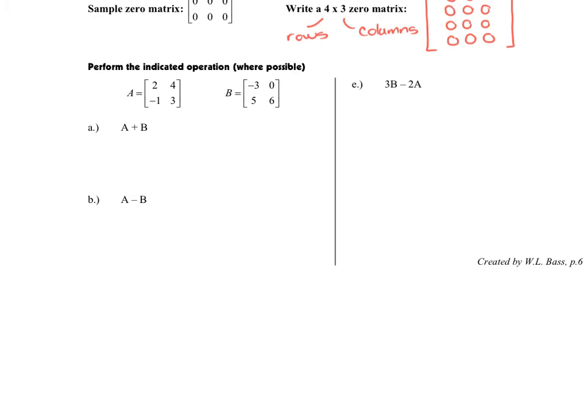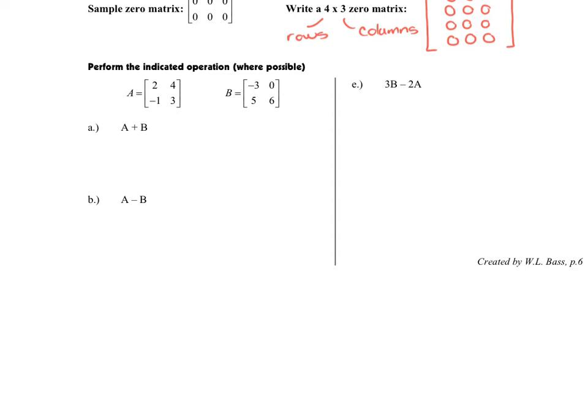The important thing to know when we are adding and subtracting our matrices is that they need to have the exact same dimensions, the exact same order. So this is a 2 by 2 and this is a 2 by 2, so we could add those. Adding matrices is really simple. All we have to do is add each of the corresponding values. So for example, if I want to do A plus B, I'm going to add a 2 and a -3.